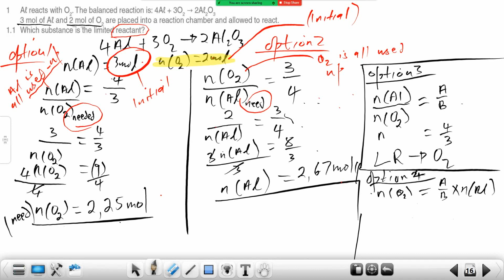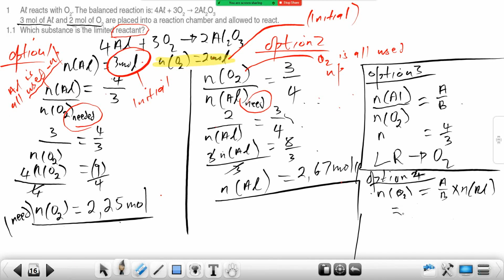NO2 is our subject of the formula. So you make NO2 the subject of the formula. So it means you are working with oxygen, and you are basically calculating the number of moles of oxygen.